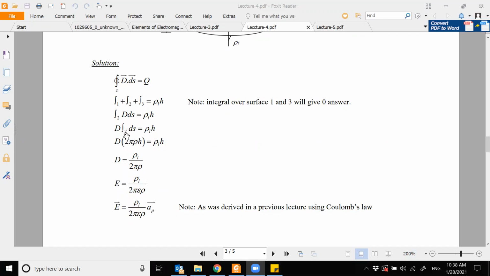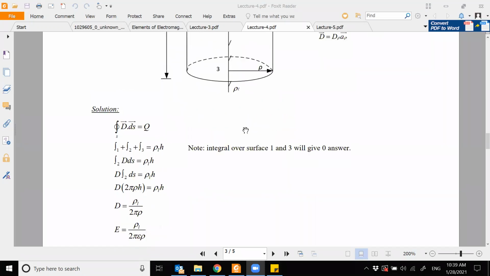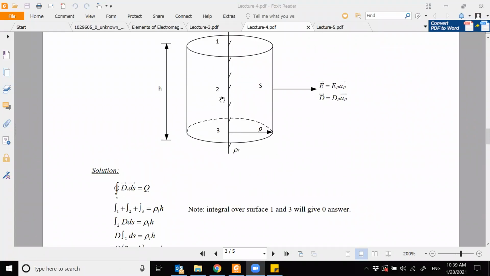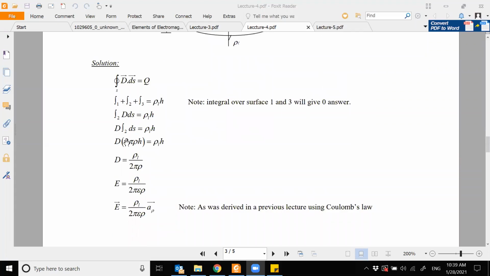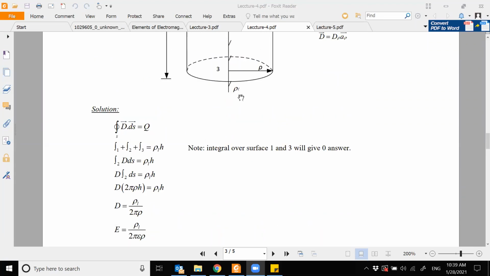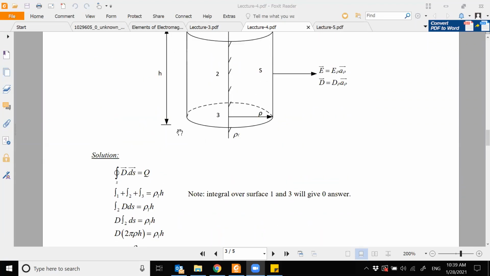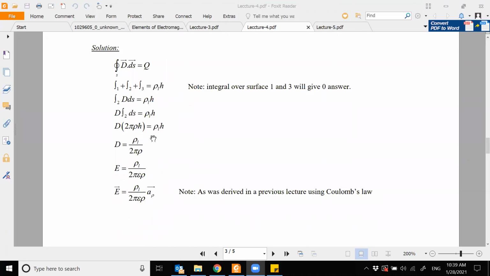So therefore, the integral over 2 of DS is nothing but the area of the side of the cylinder, not the closed, an open cylinder. The area of an open cylinder is nothing but 2 pi rho h, because rho is the radius and h is the height. So 2 pi rho h times D is equal to the charge enclosed, which is rho L times h.